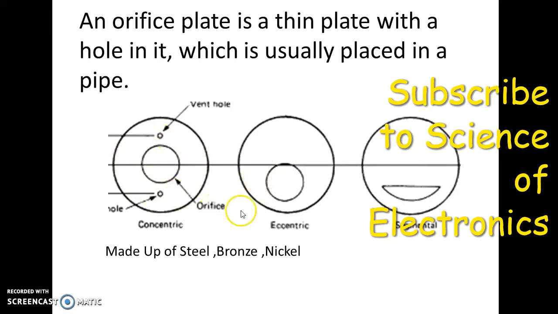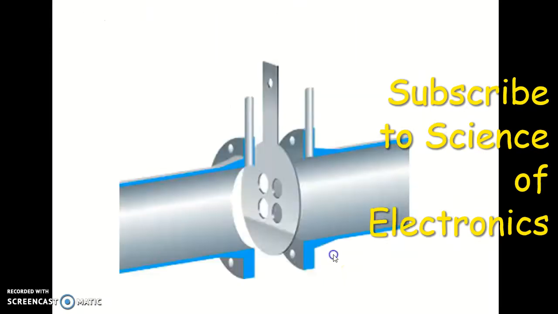If there are solid particles or slurries in the liquid, then this type of eccentric hole is used. This eccentric hole is also called an offset hole, that is, not at the center but at an offset position. According to the type of fluid or liquid, a segmental hole is also used.